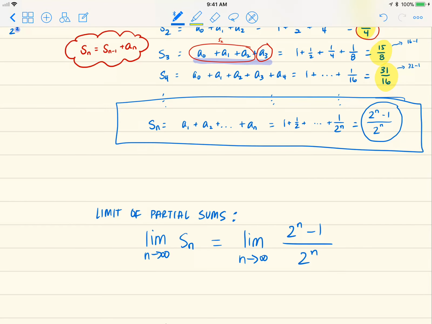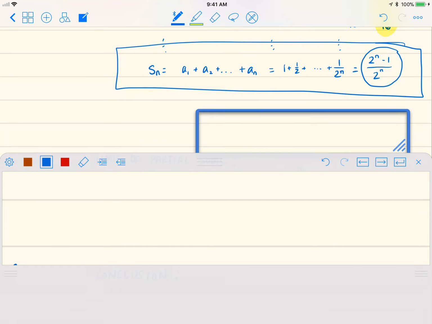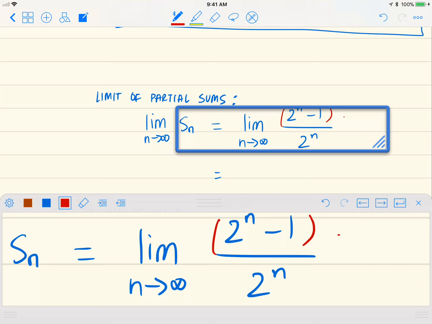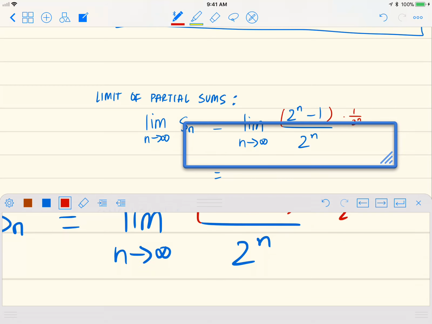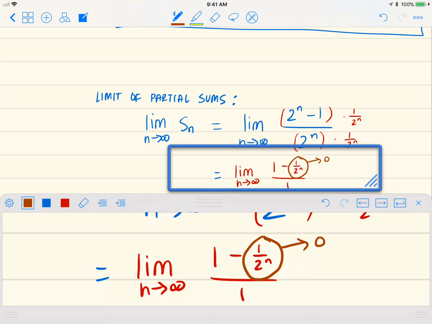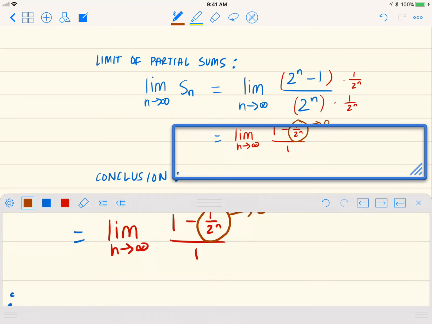I'm going to do that same old trick where I take this and multiply by 1 over 2 to the n, and my denominator, 1 over 2 to the n. So I'm going to get the limit, n goes to infinity, 1 minus 1 over 2 to the n over 1. This is going to go to 0, so my limit is going to be equal to 1.